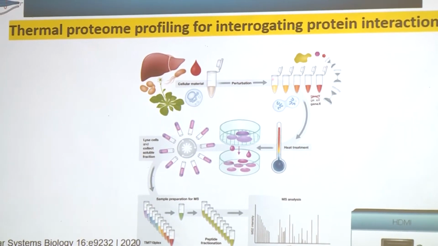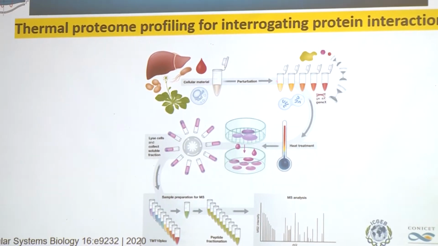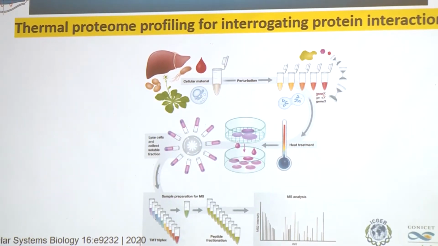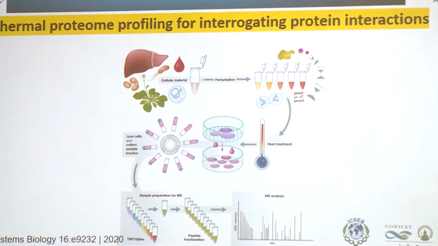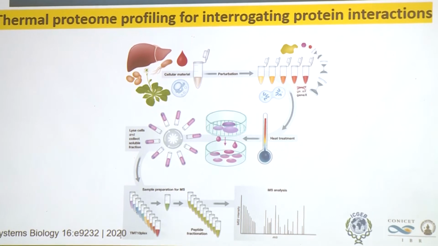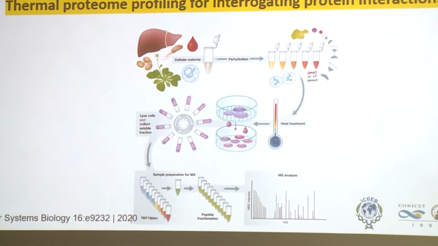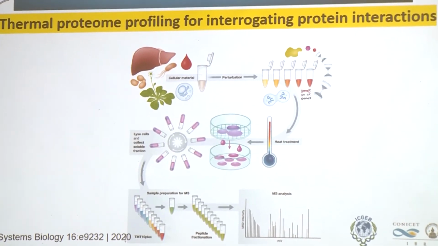The idea is you take the sample, you perform different thermal treatments of the proteome, then you use separation methods, mainly tubes that can be filter tubes like Centriprep or whatever you want, or maybe centrifugation at low or high speed, maybe ultracentrifugation.